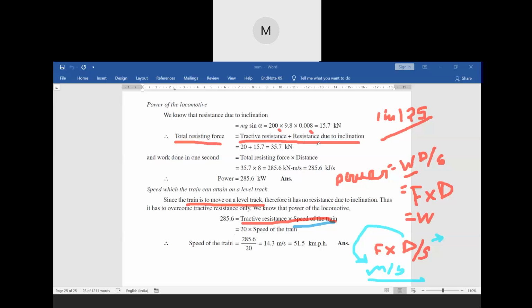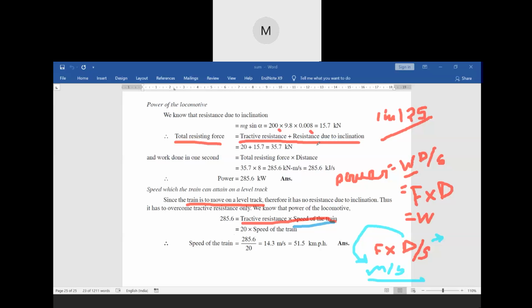If we suppose the train is moving on the track, then the resistance from the track acts on the train. If we multiply its speed with the resistance, how can it be the power of the train?